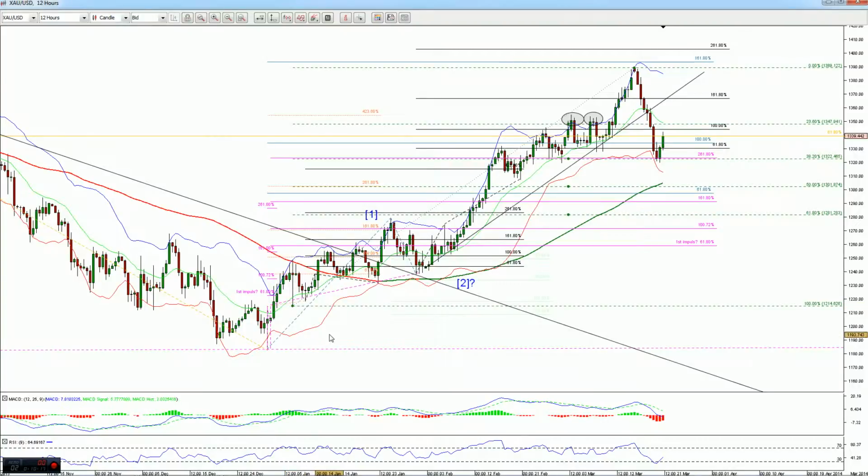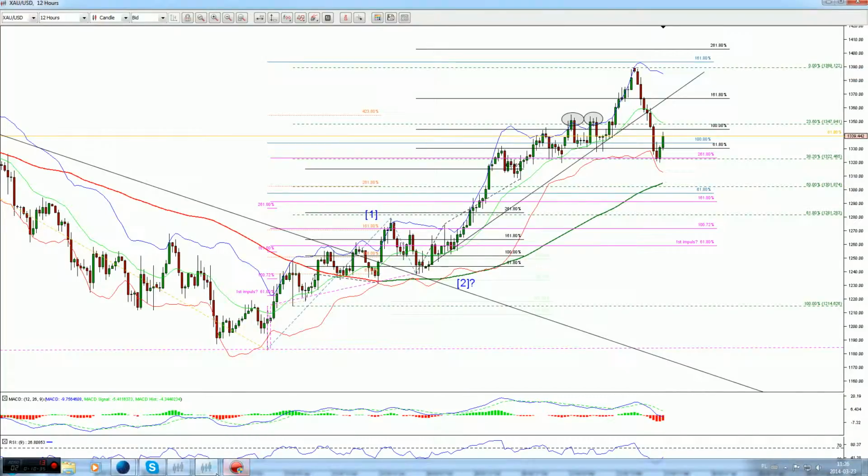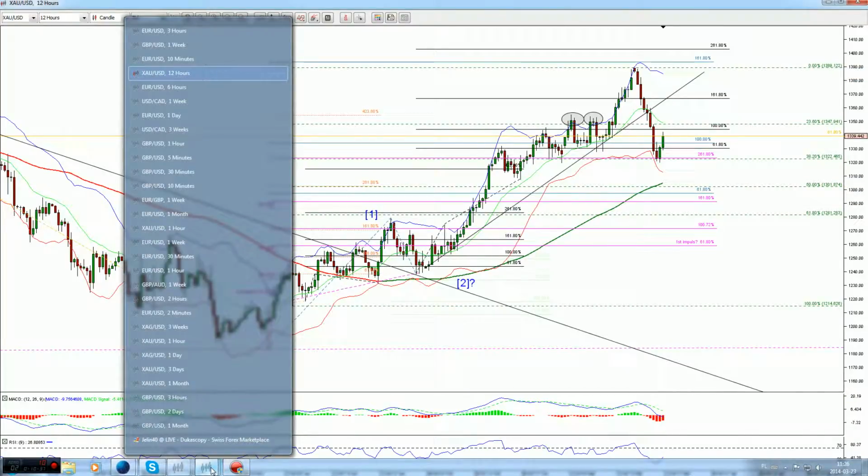We could even have 1 2, an extended third wave. This is the fourth and the fifth, so the third will be completed. I will have a look at that, and if I have something, I will publish it on the Google Plus account.